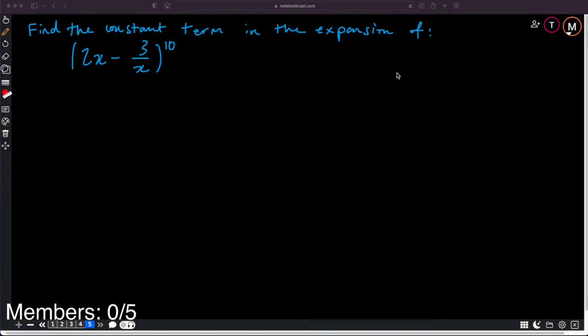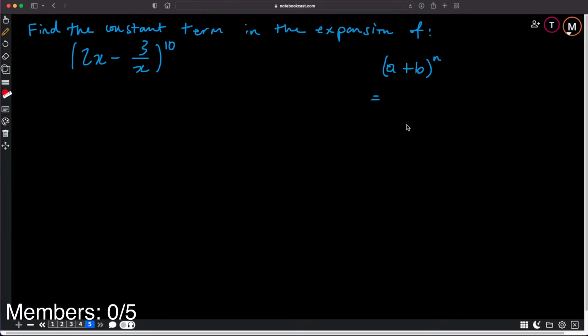Why would there be a constant term? Oh, that would be where 2x cancels with the x. So let's just revisit the binomial theorem so we're not pulling things from left field.